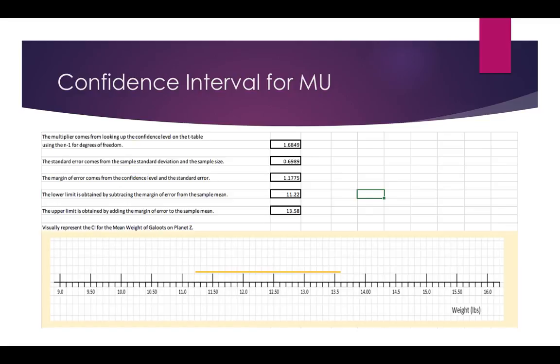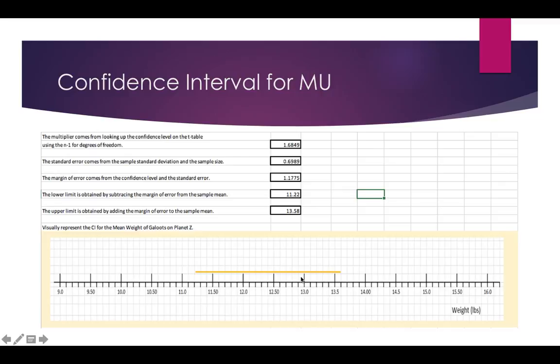So moving on to the confidence intervals for this. The confidence interval spans from 11.22, this is the lower limit, and then the upper limit is 13.58. This is shown on this table right here by this gold bar.